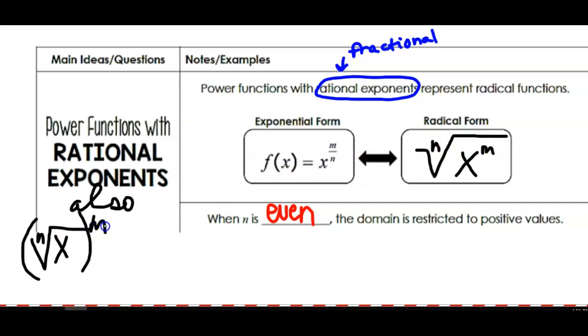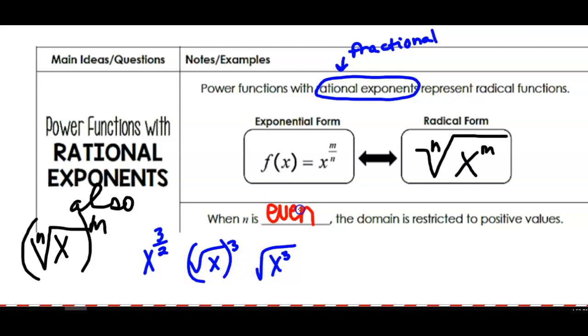All that means is if you have, let's put x to the 3/2, it means the square root of x and then cubed, or cube x and then take its square root. The order of operations doesn't matter in this case because you're going to do both, okay?